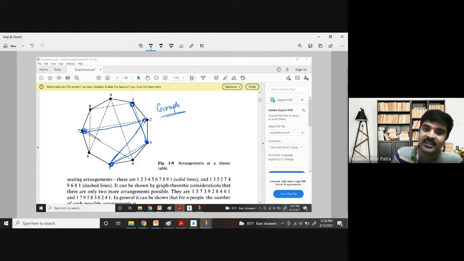Then from 7 it is connected to 4. Then next to 4 my 9 should sit. Next to 9 who will sit? 6. Next to 6, 8 will be sitting there, and then 1. So I have a unique arrangement for the first day, and a second day I have another unique arrangement. Any more possible? Tell me.